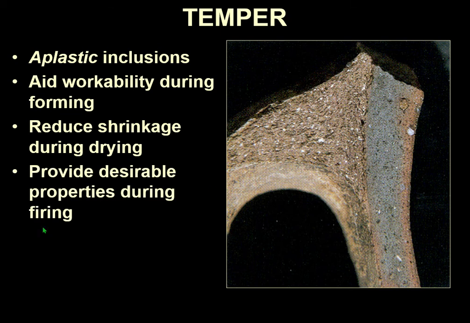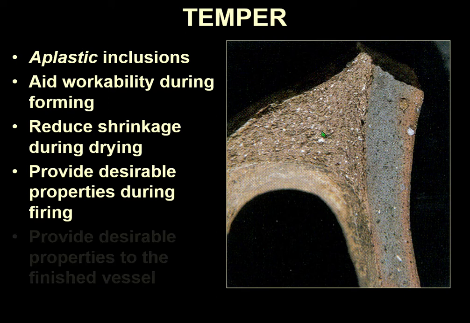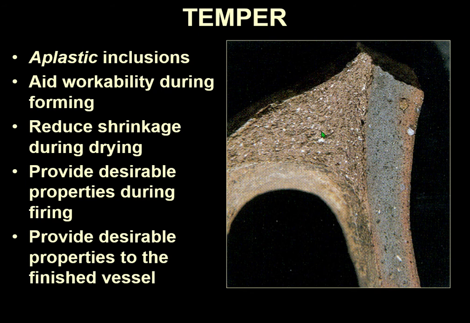It'll then provide desirable properties during the actual firing. If you have the wrong materials in it, it could blow it up or cause other problems. And it will provide desirable properties to the finished vessel. There might be something that you want the finished vessel to do that the inclusions you've added, the tempering, will aid.